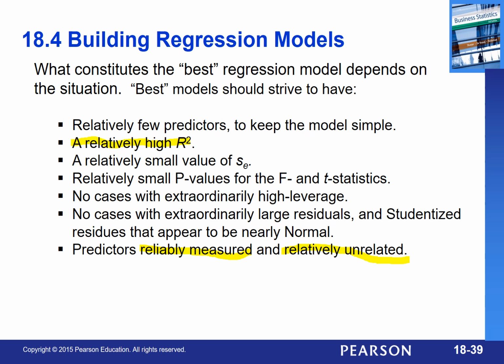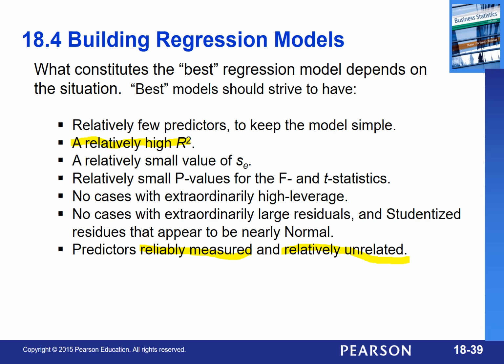Alrighty, so be careful. How do we build a good best regression model? Well, we want to have few predictors, and we talked a little bit about this in 17. Fewer predictors means that you don't have an overinflated R squared. We want to have a relatively high R squared, but when you're evaluating your R squared, evaluate R squared adjusted over R squared to decide whether or not you are doing a good job, and then use R squared as an interpreter, in my opinion.